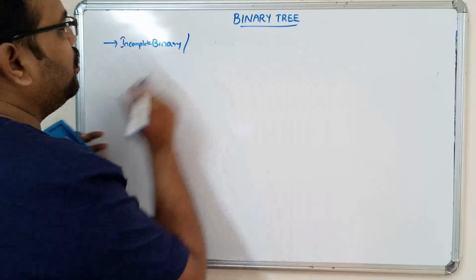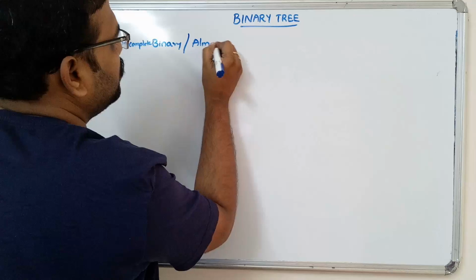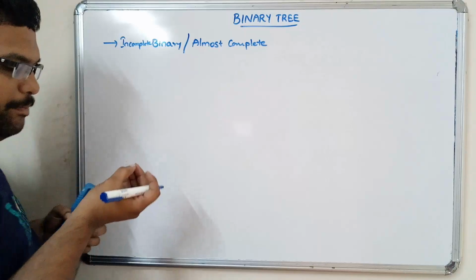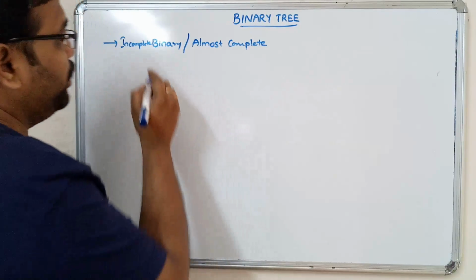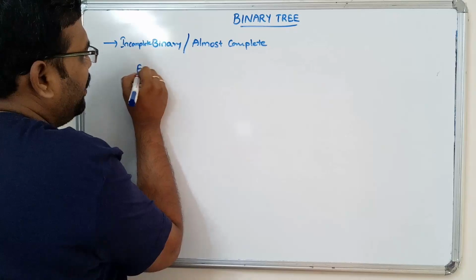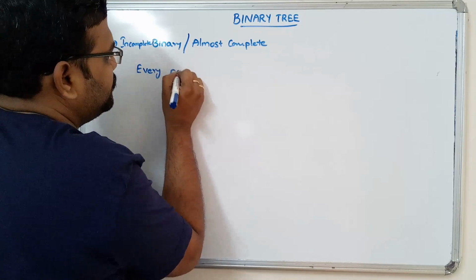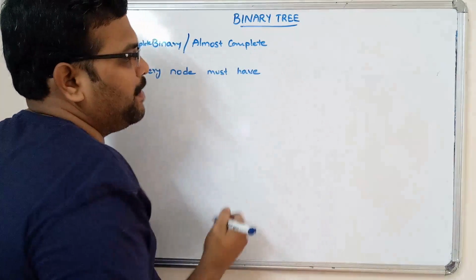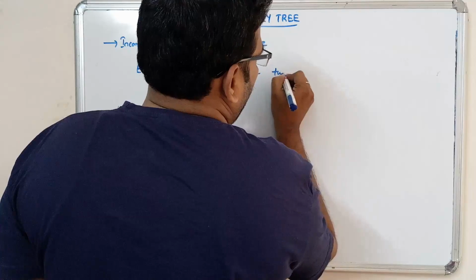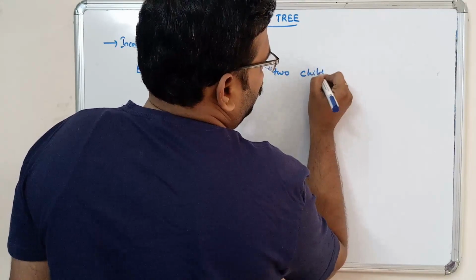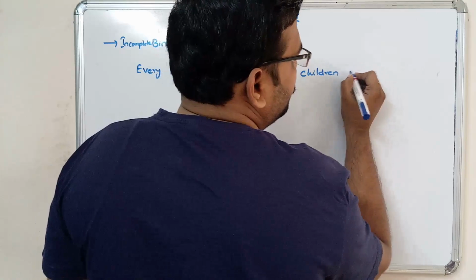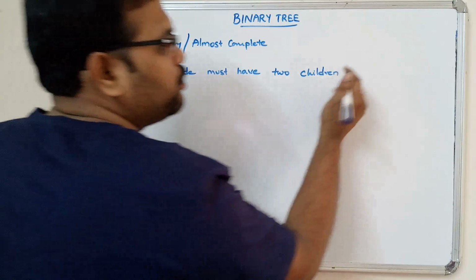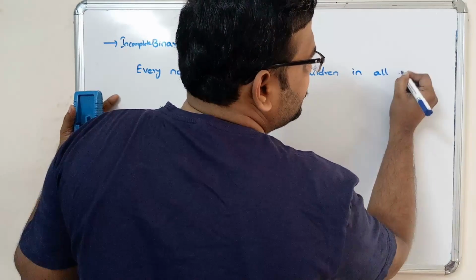Now, the incomplete binary or almost complete binary. Here every node must have two children in all the levels.